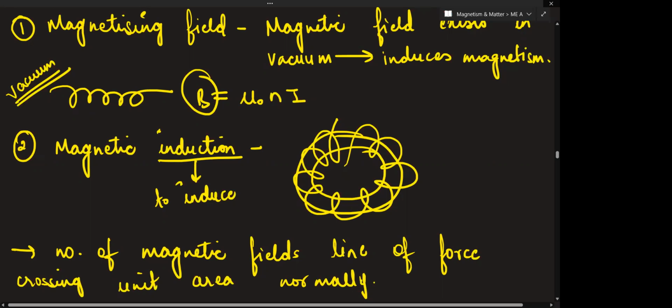This is known as magnetic induction. And the SI unit is Tesla. You can use the SI unit Tesla for both of these.